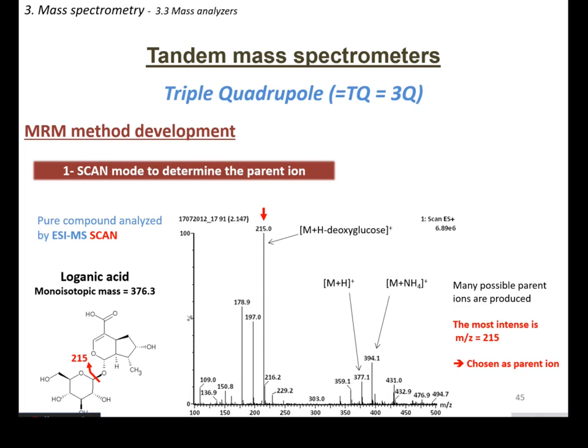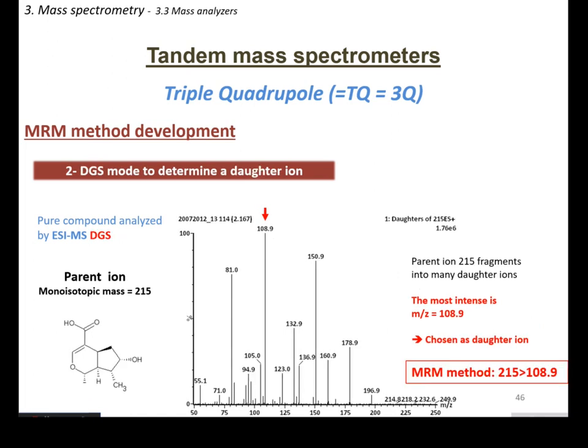So you see many ions. You see M plus H plus, but it's not the most abundant ion. You also have an adduct of ammonium, M plus NH4 plus. But the most intense is an in-source fragment of loganic acid, and it's 215. So you will choose this as a parent ion.